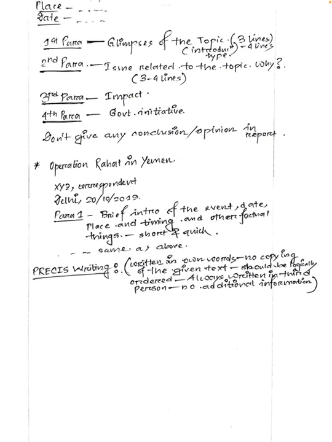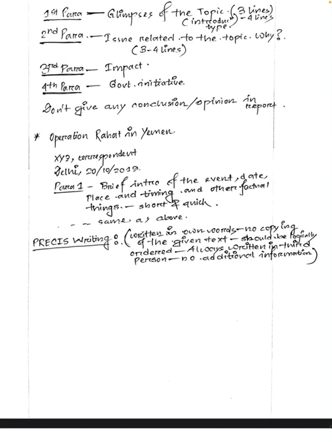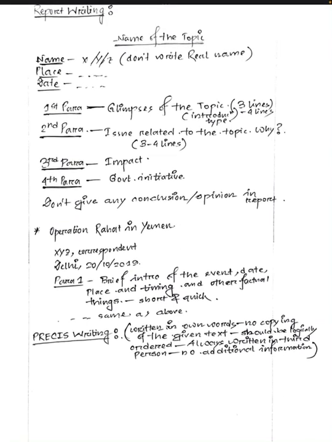No copying of the given text, it should be logically ordered, always written in third person. No additional information to be added. What is being given, you just have to brief it. You just have to summarize it in your own words. This is about precis writing.